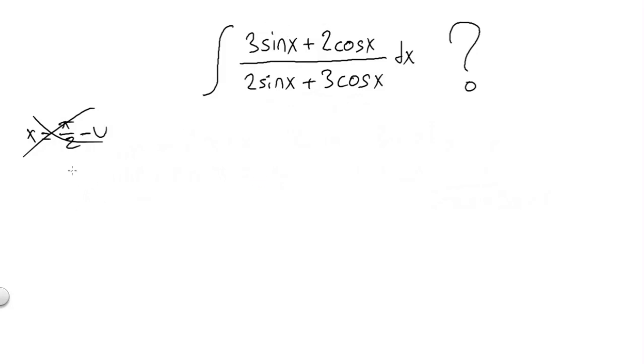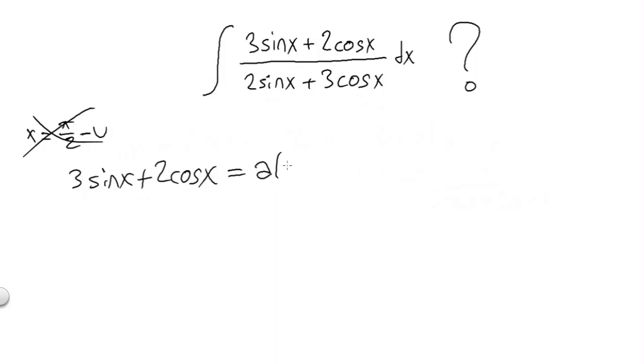So I'm just going to write this part, 3 sine x plus 2 cosine x. I know that if I differentiate sine, I will get cosine, and the derivative of cosine is minus sine. So if I take the derivative of this denominator, it will still be in terms of sine and cosine. So maybe I can find two constants.